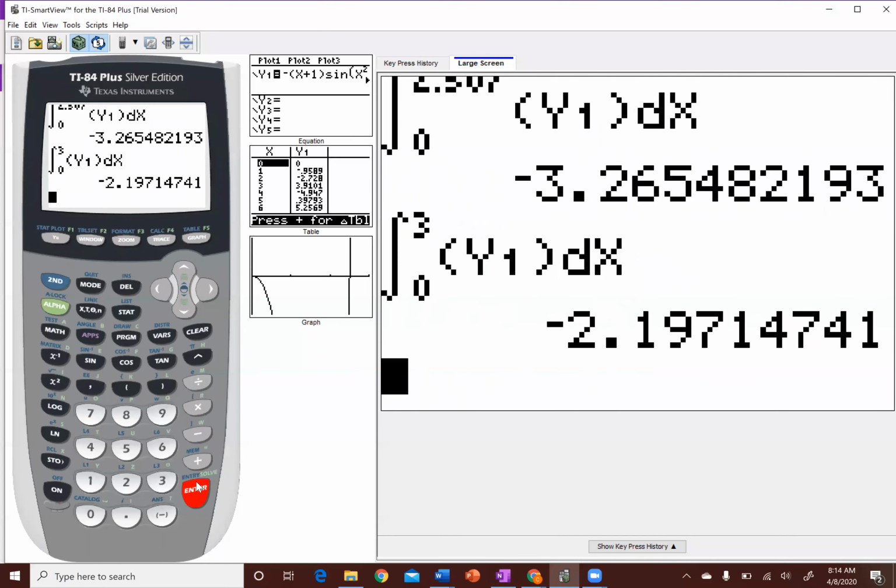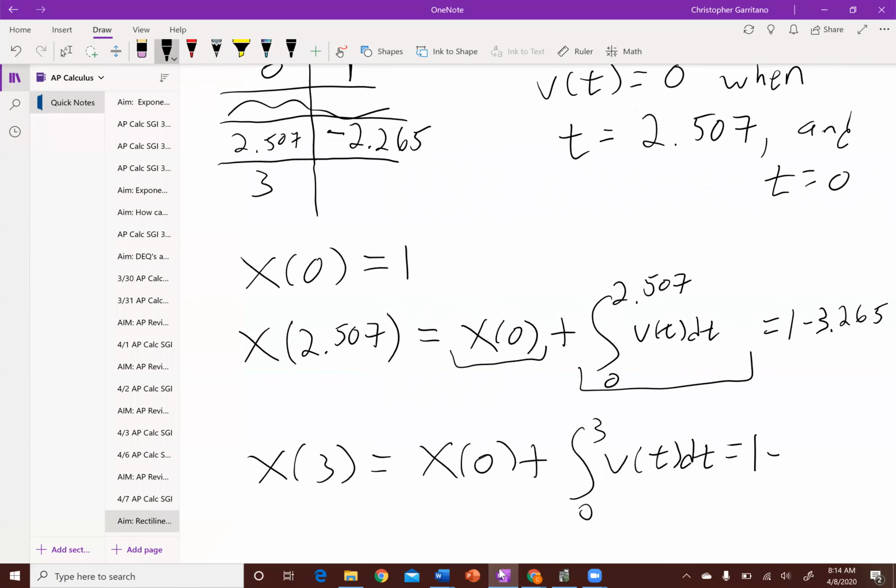Enter. Negative 2.197. So it would be 1 minus 2.197. And so the position at time 3 is negative 1.297.